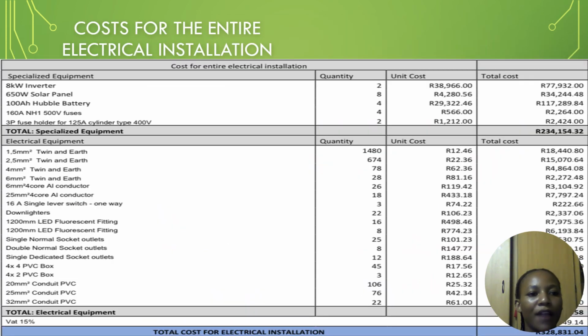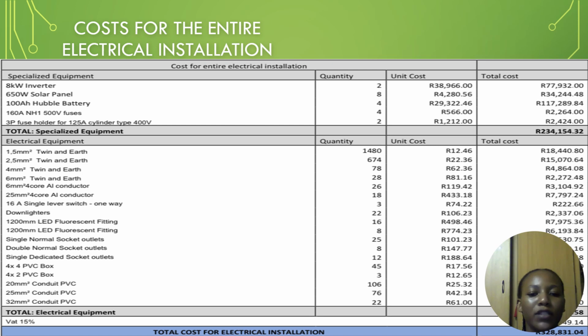On this slide, we have costs for the entire electric installation. These are the costs that will be used in installing the electrical system into the hospital, and then adding the solar panel system as well, because at the top you can see we have a 650-watt solar panel that is also going to be included in our installation and was also on our quotation.